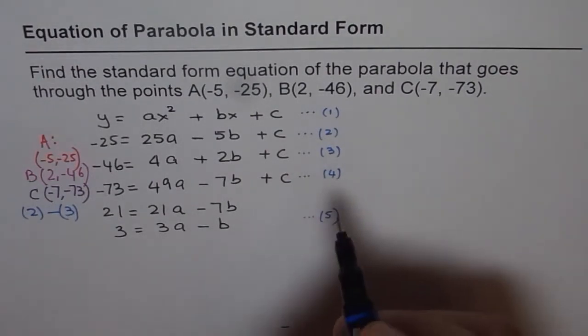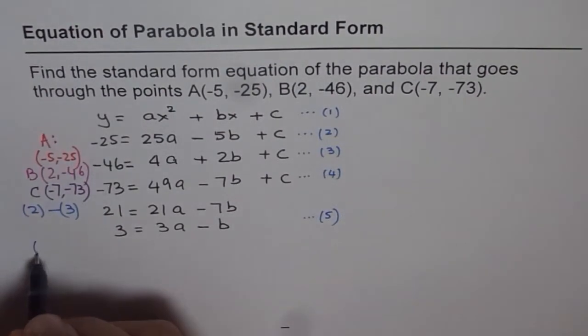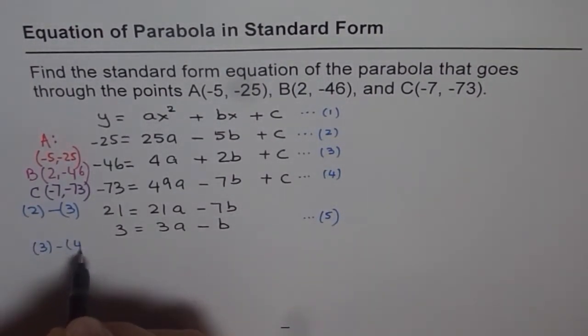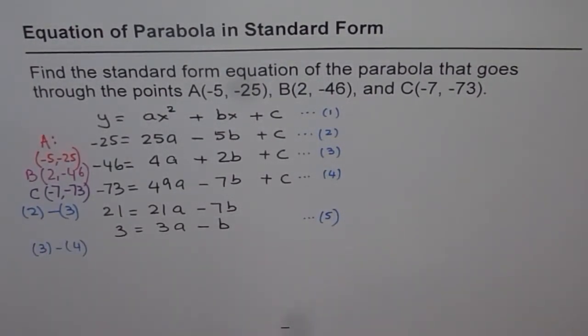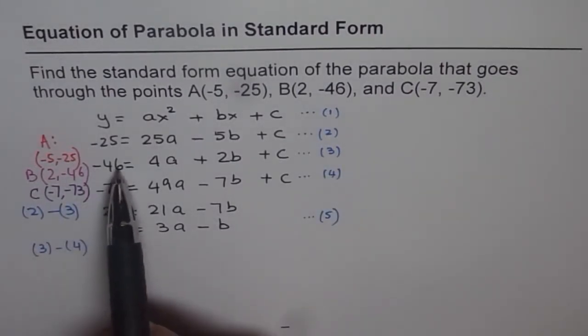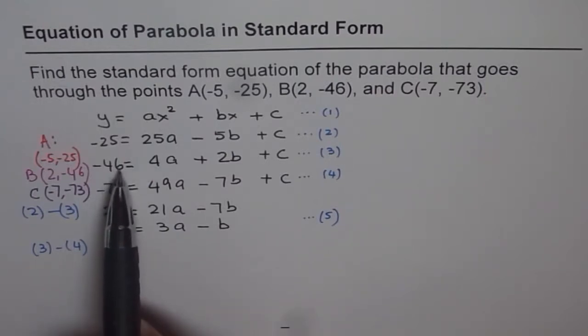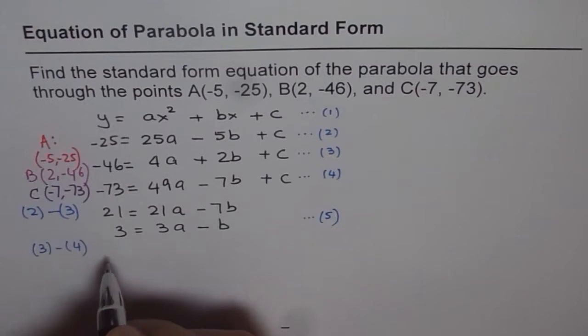This time, we are going to equations 3 and 4. So let's do equation 3 minus equation 4 to get another equation in just a and b. So 3 minus 4, that means -46 minus (-73). When I do that, what do we get? We get 27 on the left.